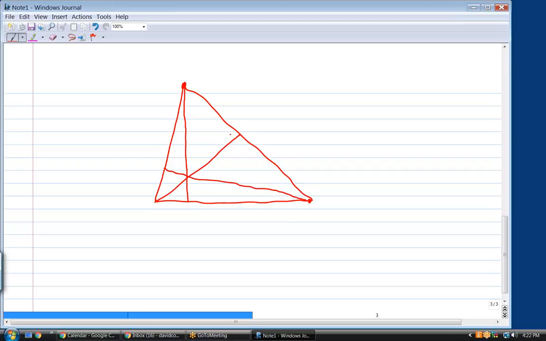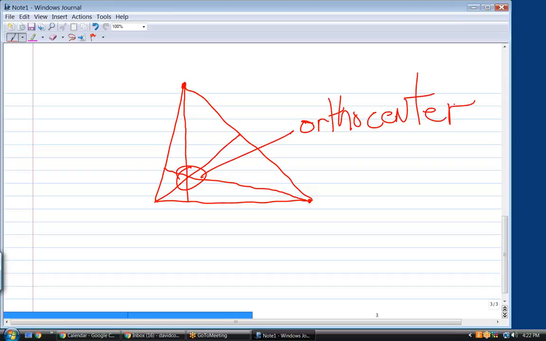Now, this isn't bisecting the opposite side, it's merely perpendicular to it. And you notice this is the first time we've done that. There's 4 different things you can do. That creates what is called an orthocenter. And there are your 4 centers of concurrency. They're called points of concurrency, and there's 4 types.